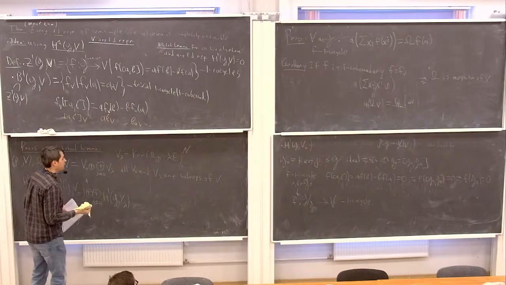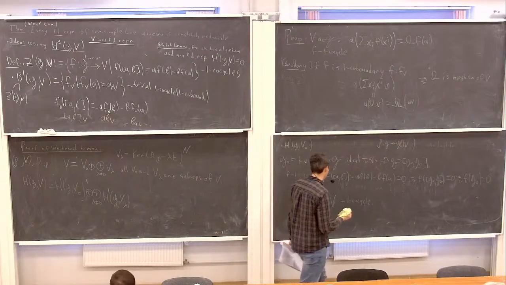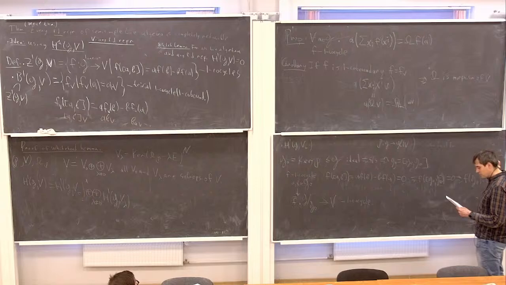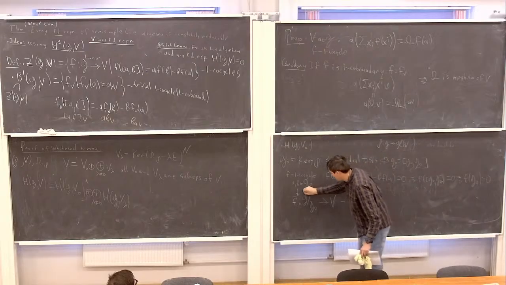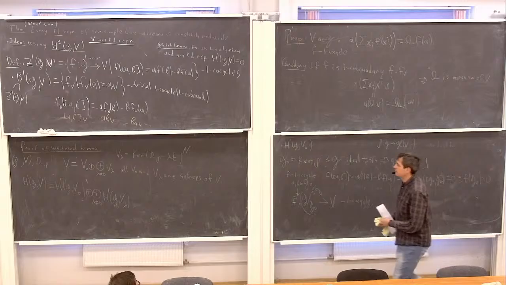If we want to prove that the first cohomology is 0, let's denote g over g0 by g bar. It's enough to work with g bar.